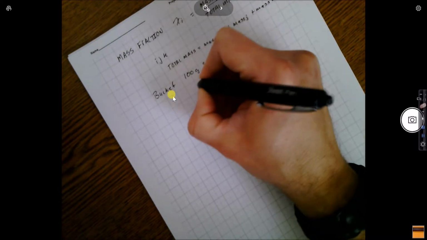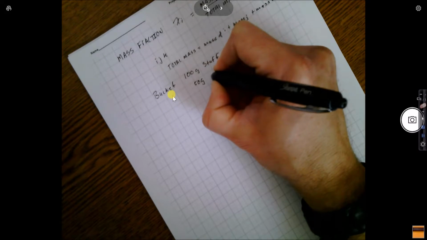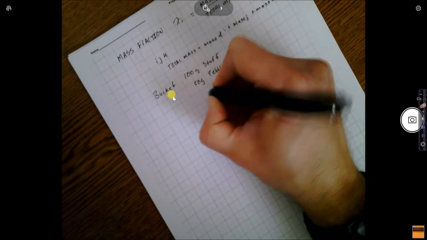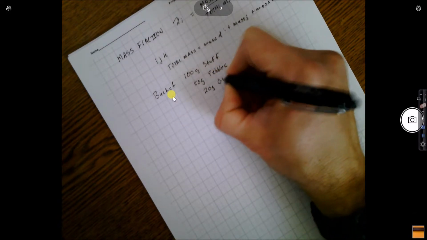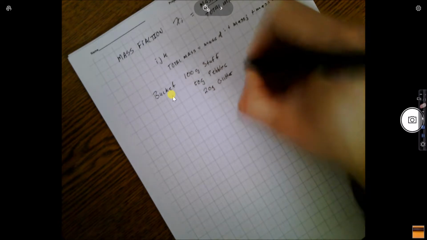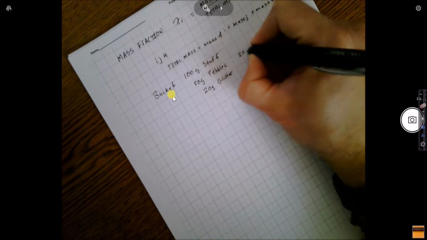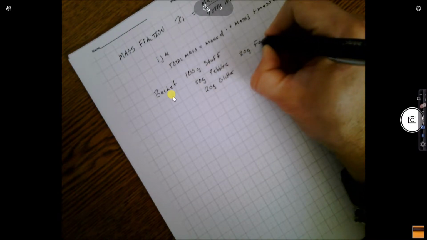The stuff has 50 grams of pebbles, 20 grams of glitter, and, let's see, we have to get to 100, so 30 grams of fairy dust.